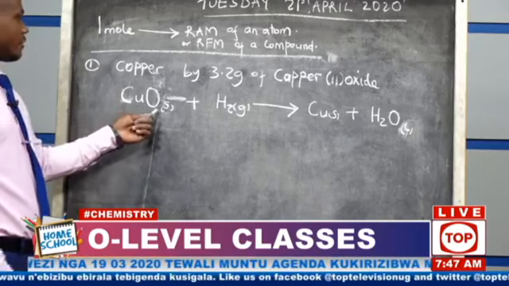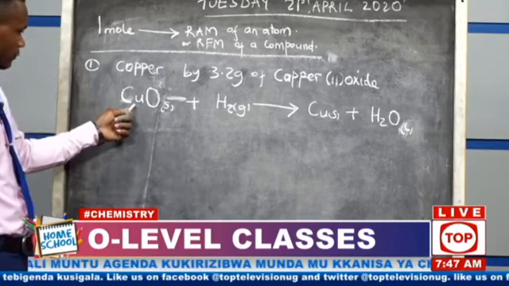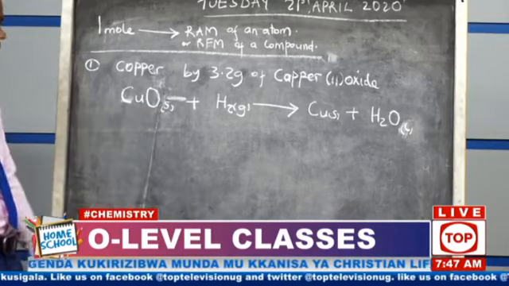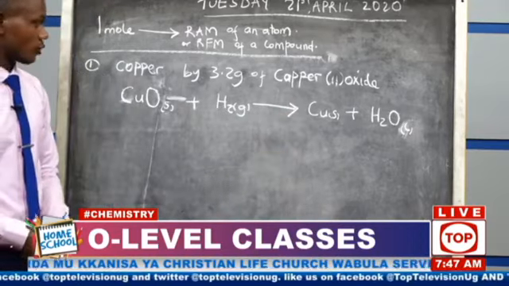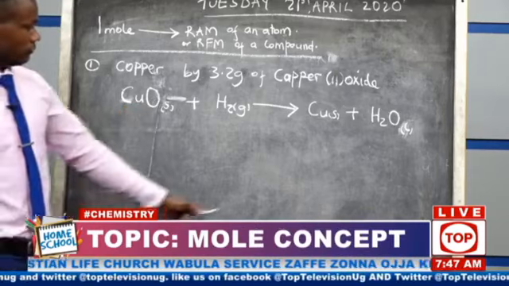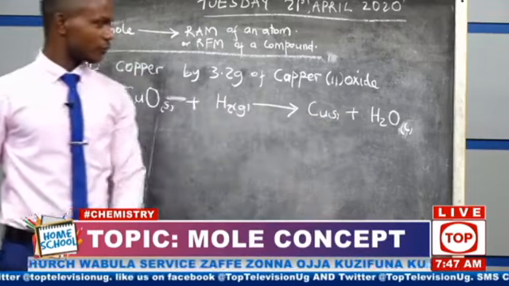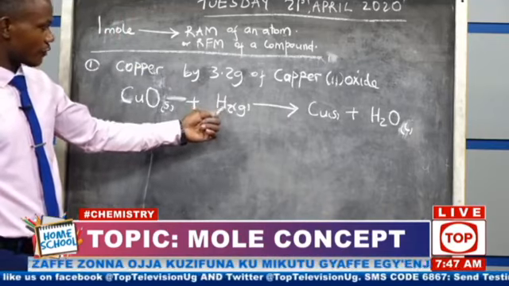Let us balance this equation. We say copper, we have one atom here. Is it one? Look at it. It is one atom. On the product side, we have one atom. Oxygen, we have one atom here. On the product side, we have one atom. Wow. Hydrogen, we have 2 atoms of hydrogen.